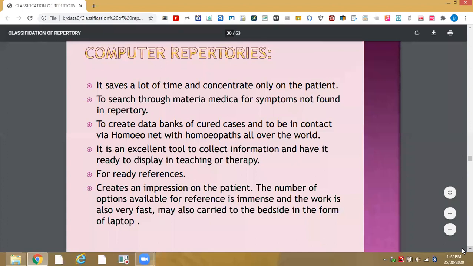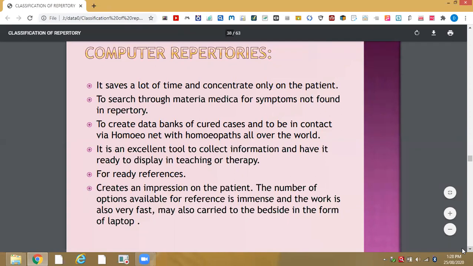There is no need to do the paperwork, and then to search through materia medica for symptoms not found in the repertory. The symptoms which we cannot find in the repertory, we can search for the same symptoms in the materia medica, because in computer repertories many materia medicas are included.